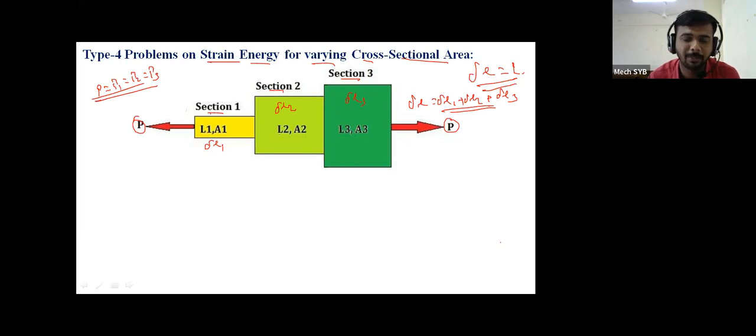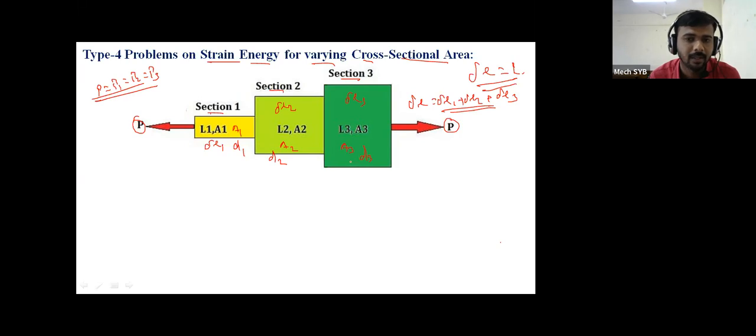Why is this bar called a bar of varying cross section? Because section number 1 has area A1, section number 2 has area A2, and section number 3 has area A3. That means section number 1 has diameter D1, section number 2 has diameter D2, and section number 3 has diameter D3.